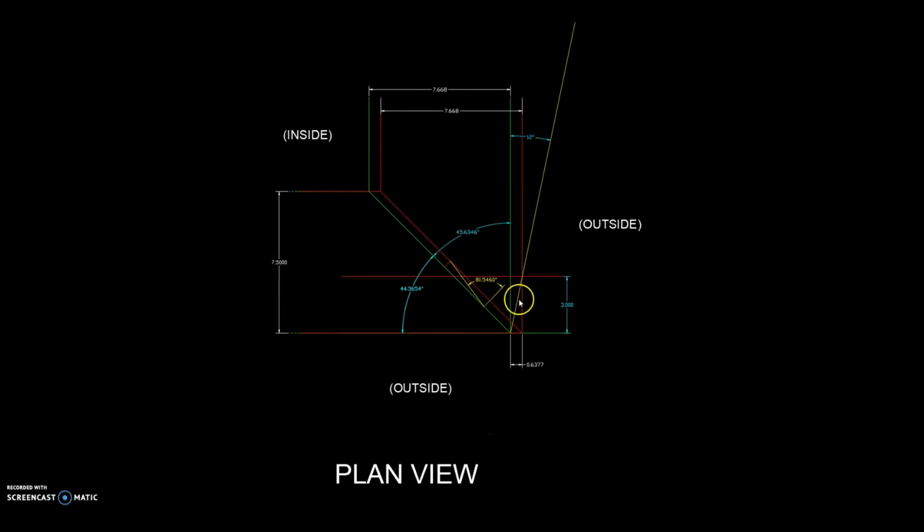Now let me explain the logic of this. As we said, we were putting a vertical section through and perpendicular to the layouts or the footprints, both top and bottom, and of course through and perpendicular to the miter lines.